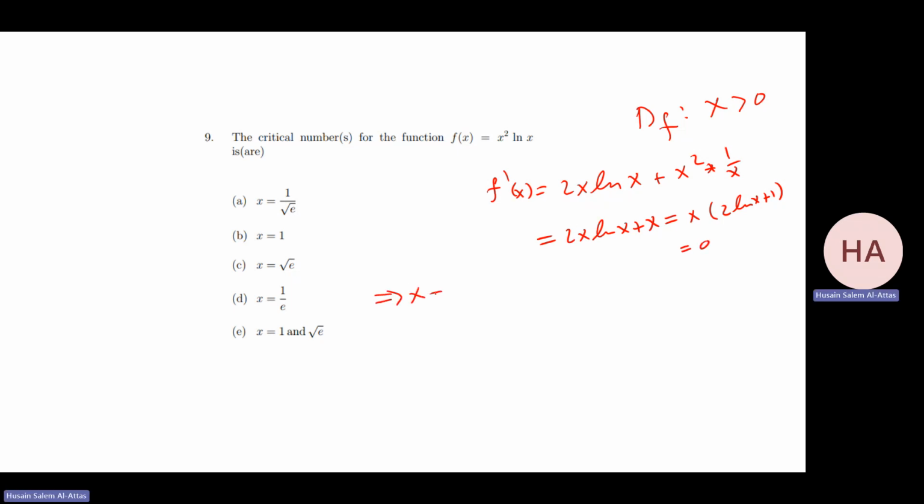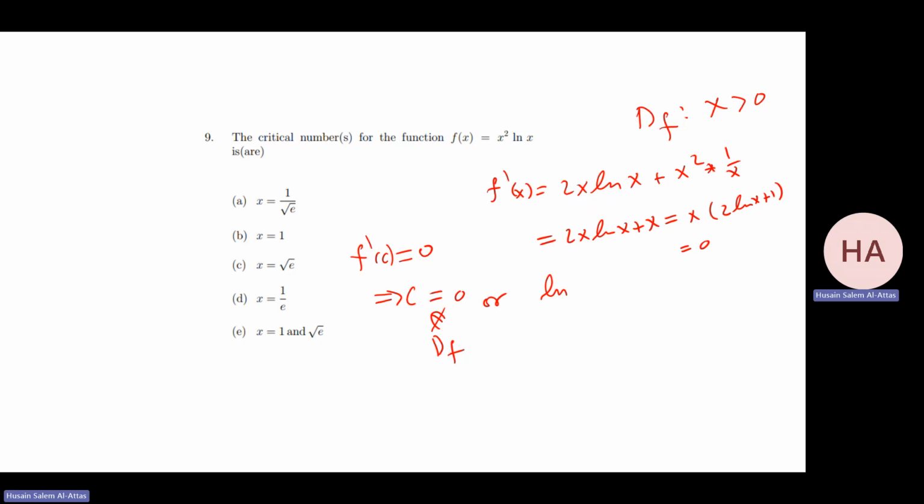So I have x equals 0, which is not in the domain of f, or ln x, or ln c. Let me say c. F prime at c equal 0.